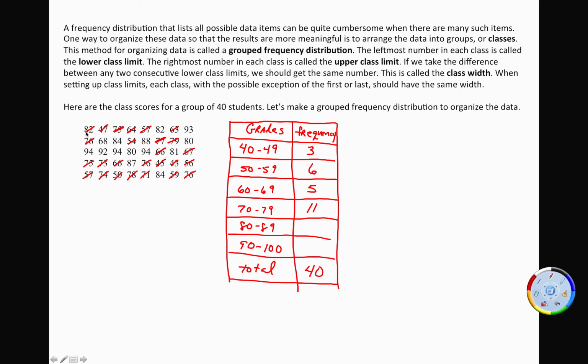And the 80s. 1, 2, 3, 4, 5, 6, 7, 8, 9, and the 90s. 1, I missed another 60. 2, 3, 4, 5. Okay, so I need to add 1 to this 60, making that 6.